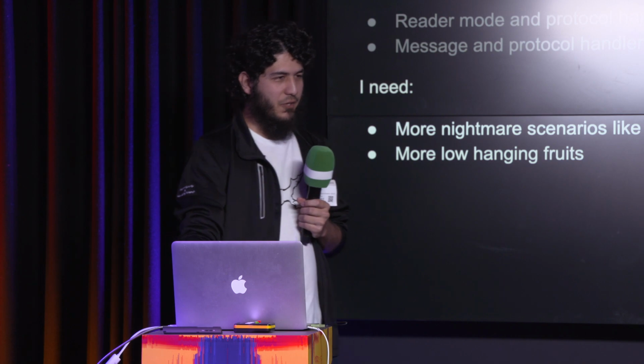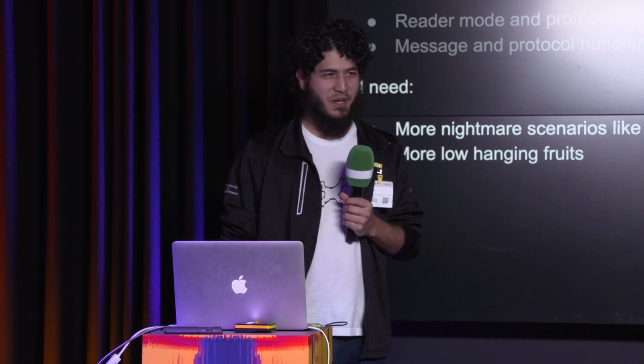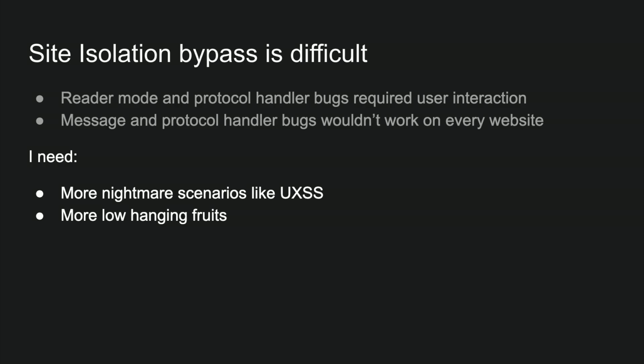You need to have postMessage in the website, and for the protocol handler, you need to have a mailto or tel or any link on the victim web page. But I need something like a real nightmare, like UXSS by one call or something, and really easy to find. This is really difficult to find. You need to go to the source code and spoof so many things, and it takes time.